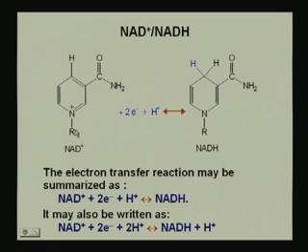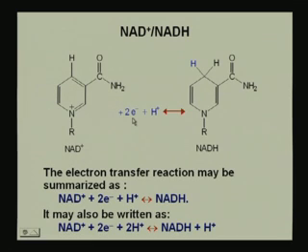So, R is the rest of the NAD plus, and we have the N plus here. What it does accept is 2 electrons and a proton. It loses its plus and has an additional H, so it is now NADH without the positive charge.